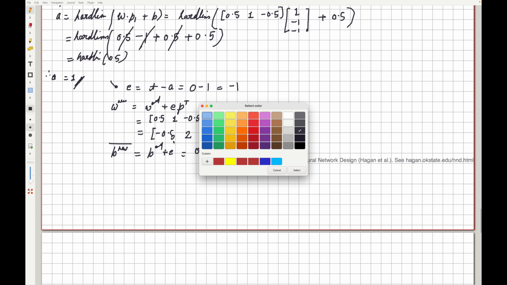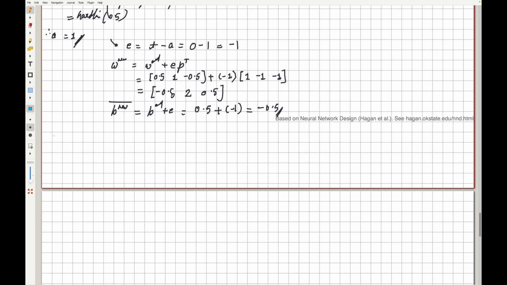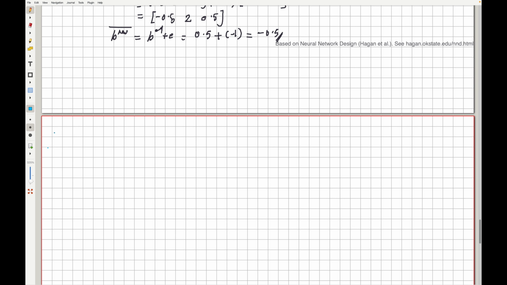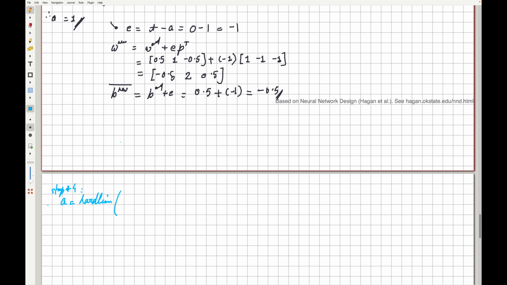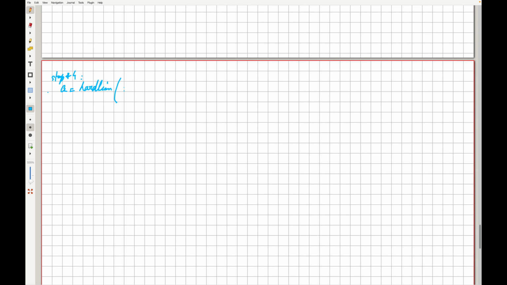So we move on to the next step, which is step number 4. Let me write that down on this page. Step number 4: we are going to say A is equal to hardlim, and previously we used P1, so now we'll use P2.